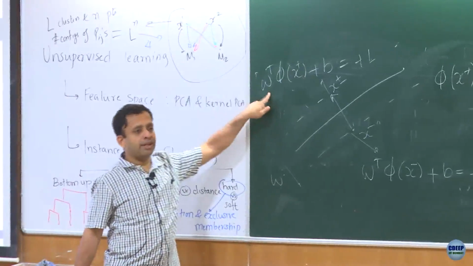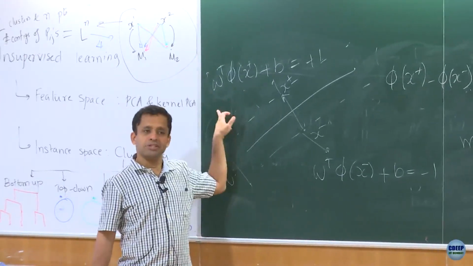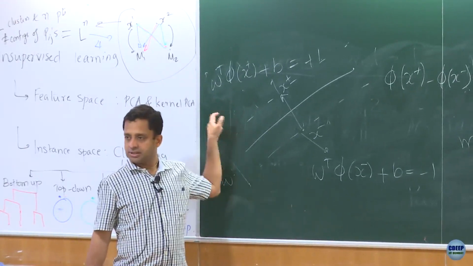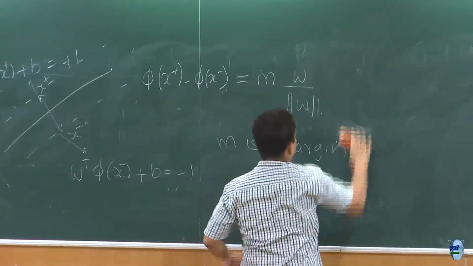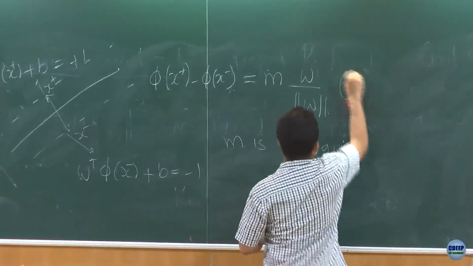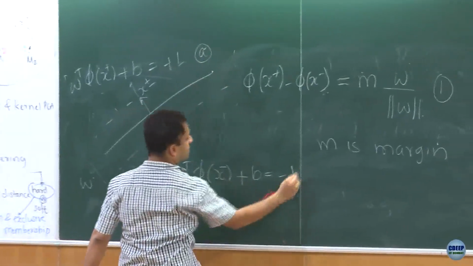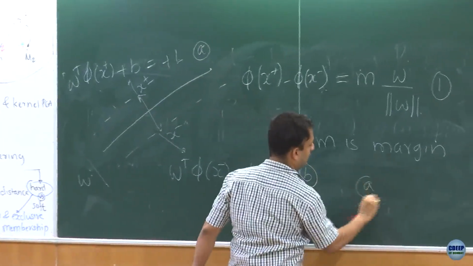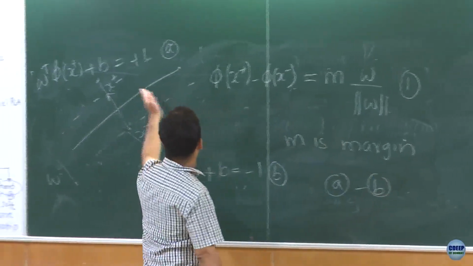I can also do the following. I can take these two equations and subtract the second from the first, to get one more equation. Let me call this A, let me call this B. A minus B gives you what?